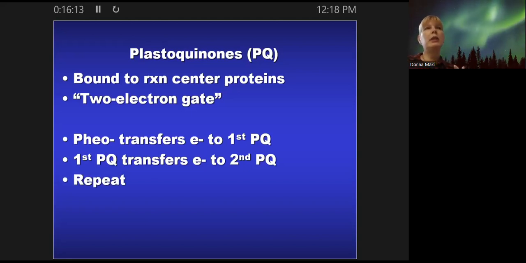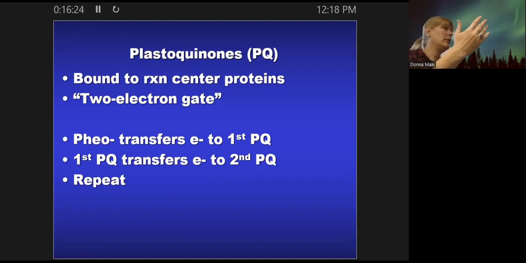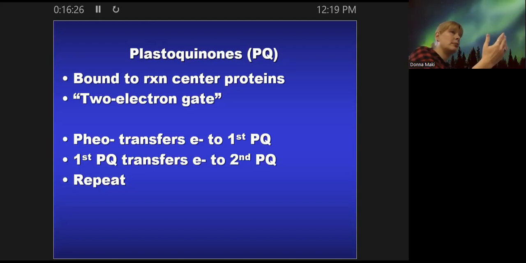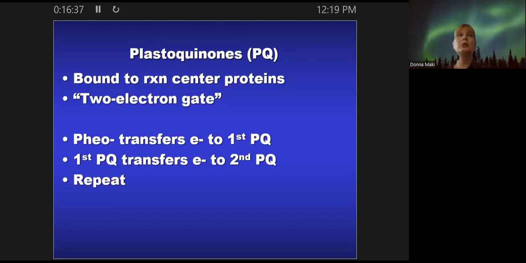And when I say everything repeats, we go all the way back to light energy striking photosystem 2, that chlorophyll electron getting excited, passing off to pheophytin. Then the chlorophyll reaction center pigment turns to water and says, give me an electron. So all of that has to happen again to get a second electron being given to that second plastoquinone.